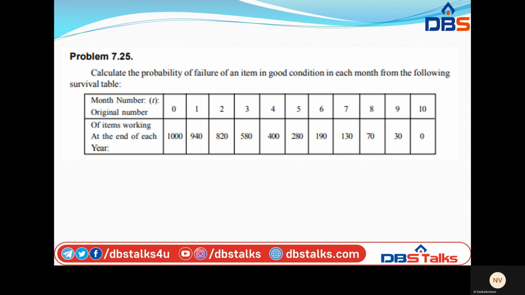So they have given 1,000 items, and at the end of the first month we get 940 in working condition. What about the rest of the 60? They are failures. Like that for the second, third, fourth, fifth.